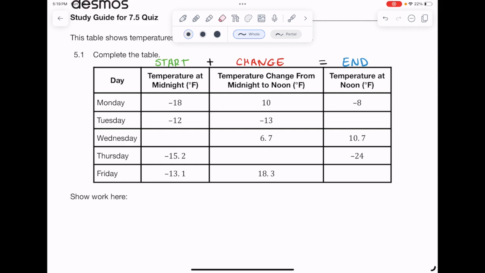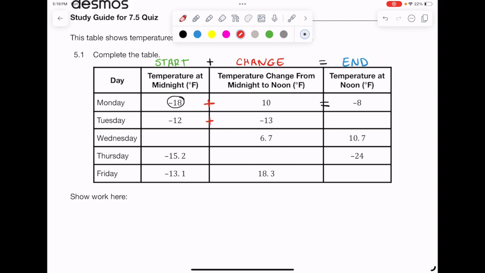And then you can see Monday is already done for us. We start at -18. You're then adding a +10, and that's equal to -8. So we're basically doing the same thing for Tuesday, which you have to figure out.